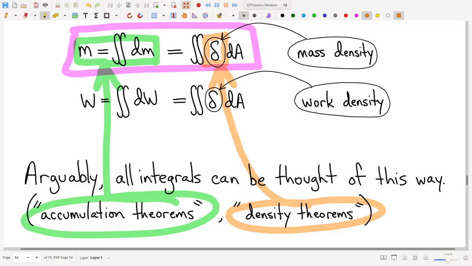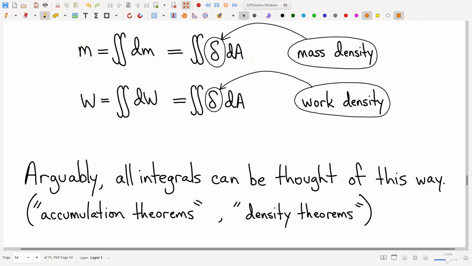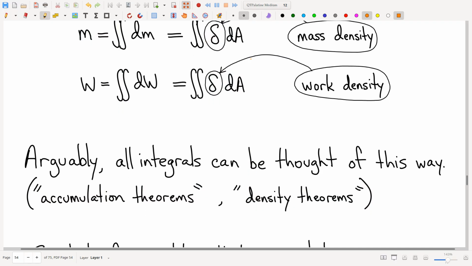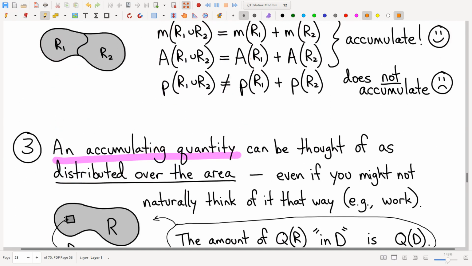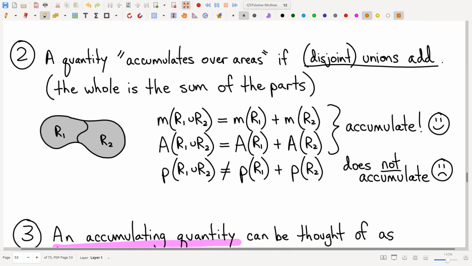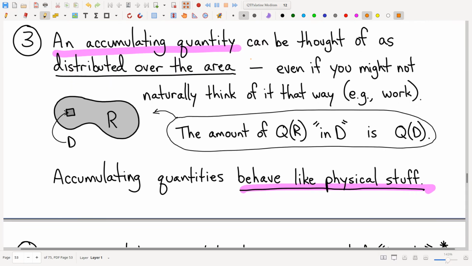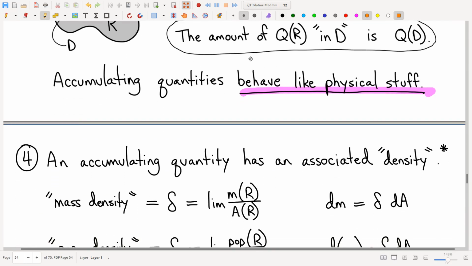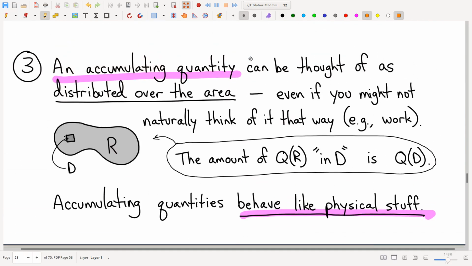Okay. All right. So I want to emphasize this is all very abstract, right? This abstract idea of a quantity, of accumulation, thinking of it as being a physical stuff. This is very abstract. For the moment, I encourage chewing on this idea of thinking of work, right, as being a kind of stuff in the sense that it behaves like a stuff, right?